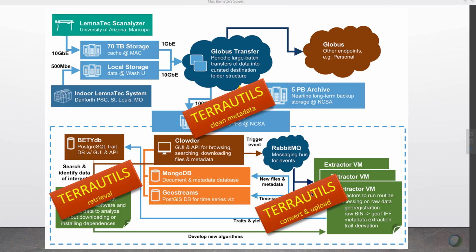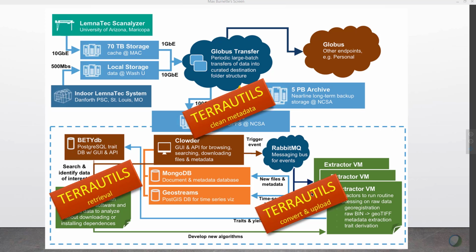The last piece that isn't really being used yet, but my goal for Terra utils is also to make it a library that people who are trying to analyze the data can use. So this would be in our analysis tools here at the end of the pipeline when we have the data and you're launching these environments and trying to look at our data. Terra utils is going to provide some usable functions so that you can fetch data more readily, make it a little bit easier to operate without needing to know a whole lot about the underlying interaction between Clowder and Betty.